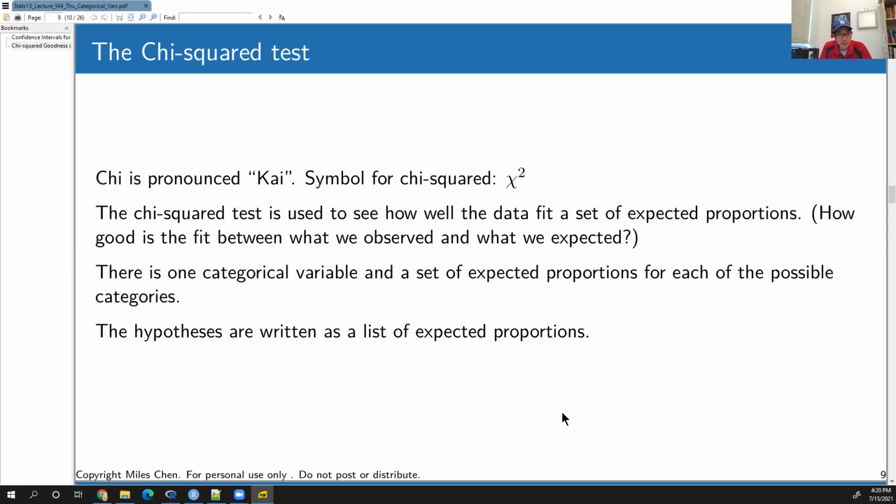And so we have the chi-squared test, and we call it the goodness of fit test because it is going to measure how well the data fit an expected set of proportions, right? So how good is the fit between what we observe and what we expect? We actually have this little lexical hole in our English language.